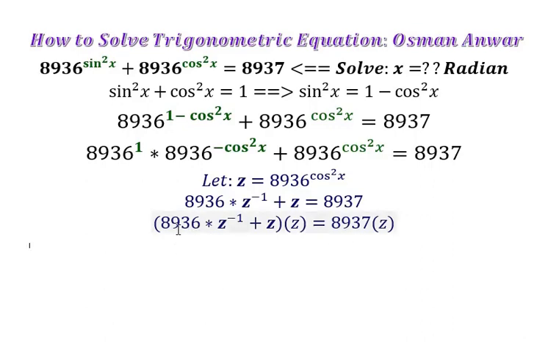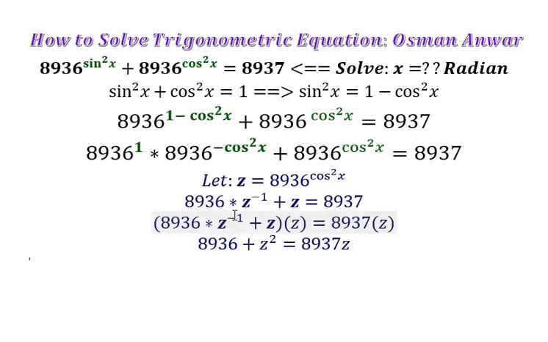Let's multiply both sides by z. Then this is 8936 times z to the minus 1 plus z, all times z, equals 8937 times z.